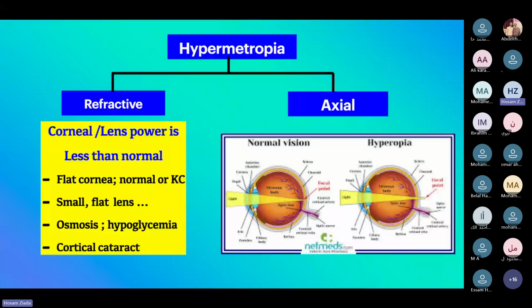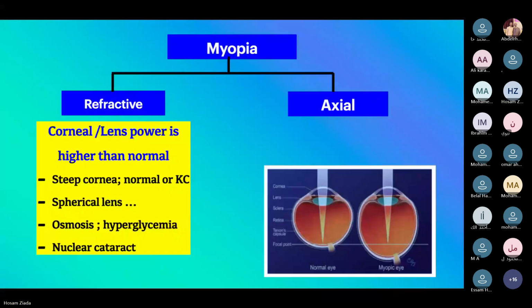Let's resume again. In myopia, about this question: in myopia, is the power more or less? Can someone answer me? More, right?